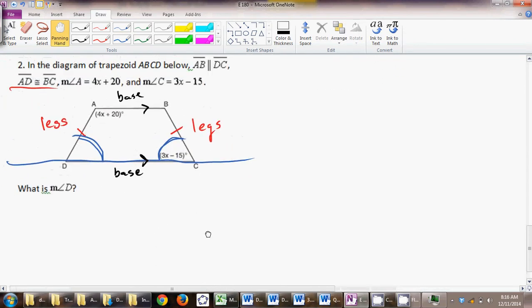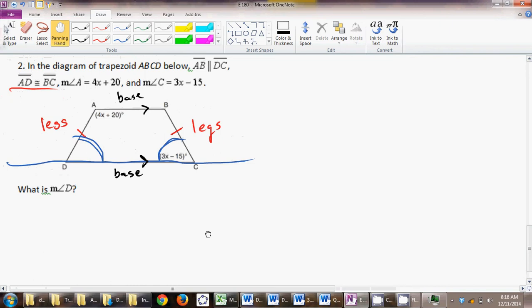So I'm gonna move this. I mean, if they're the same, right? In an isosceles trapezoid, base angles are the same. And look, they want me to find the measure of angle D. If this is 3x minus 15, this angle here must be 3x minus 15. It's gotta be. It's the only thing it could be.